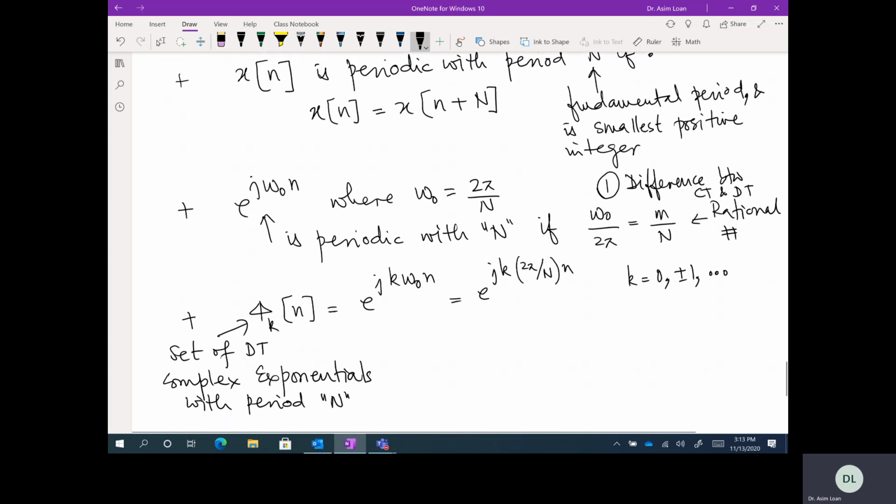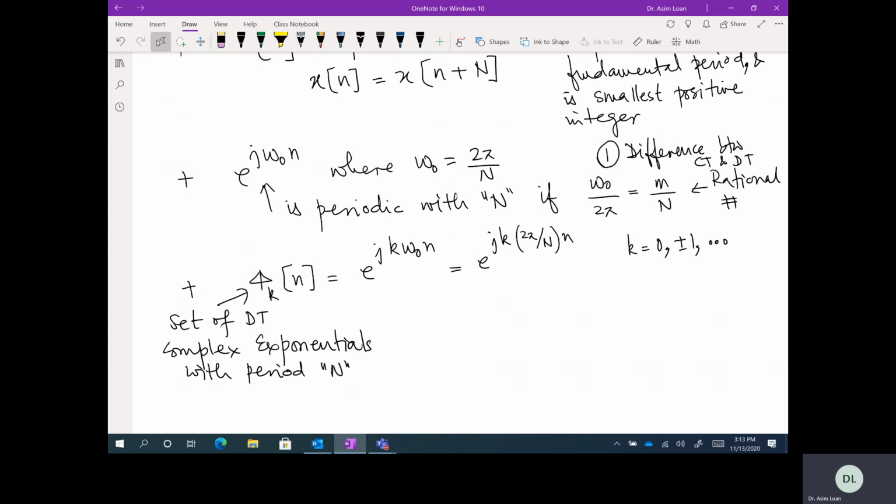So these phi k of n are periodic. They are only a finite number of distinct complex exponentials.